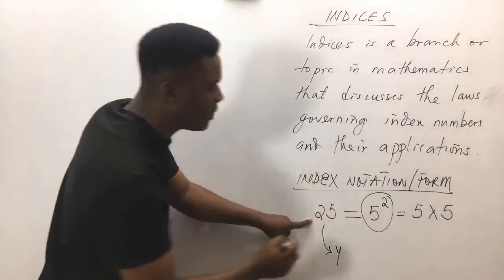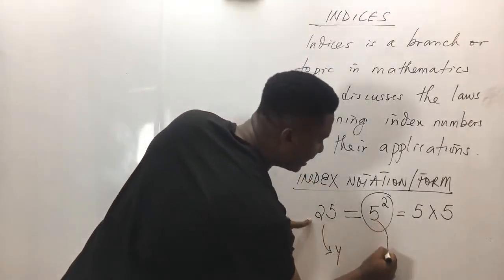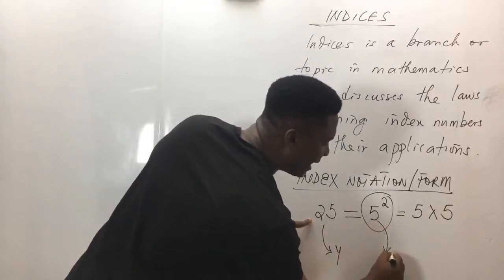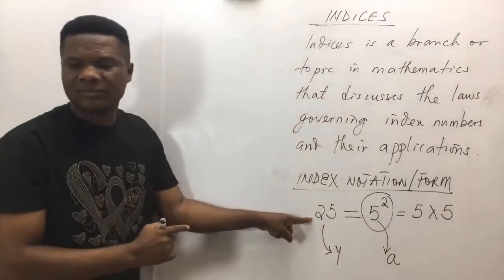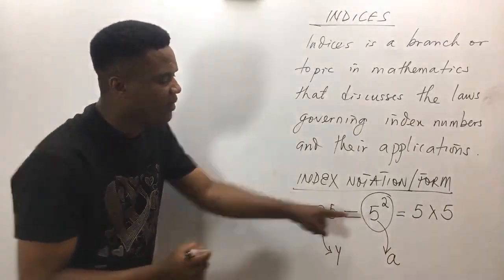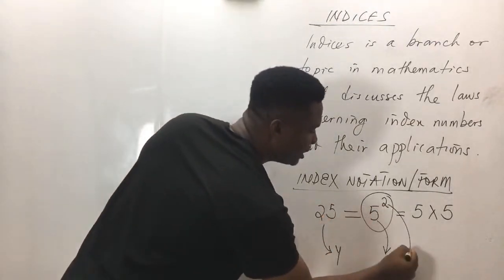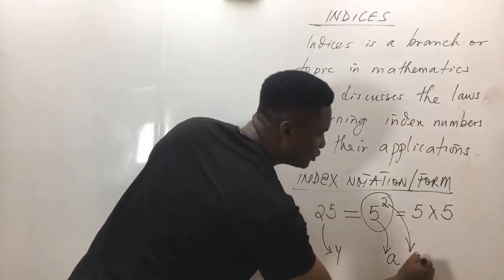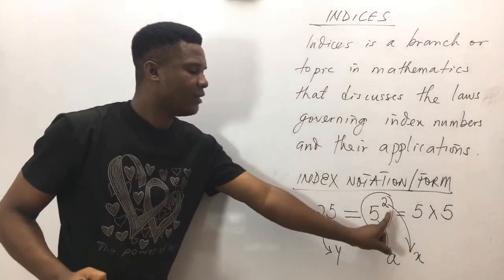So let's use a letter A to represent 5, and let's use another letter X to represent 2.